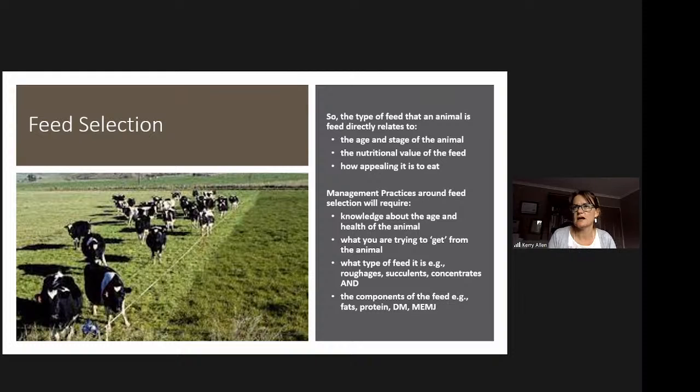So here's just some examples on that feed selection. Depending on the age of your animal and also the growth of the animal will depend on what you feed them, and how much nutrients they require. So lactating cows obviously need a lot of nutrients because they're trying to feed, theoretically, babies.